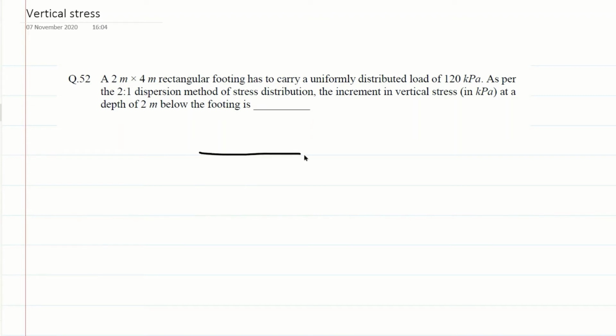Suppose you consider this as the ground surface, and here is your footing, and you go up to a depth of 2 meter. Let me change the color. So I'll go to a depth of 2 meter. Then the load distribution occurs.